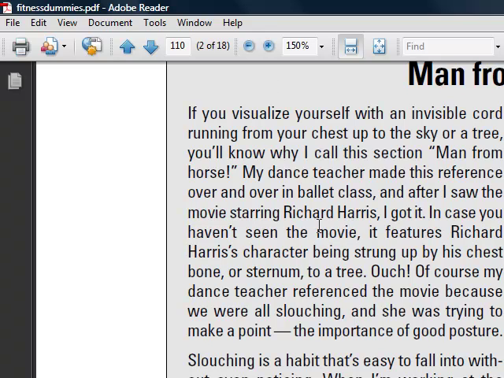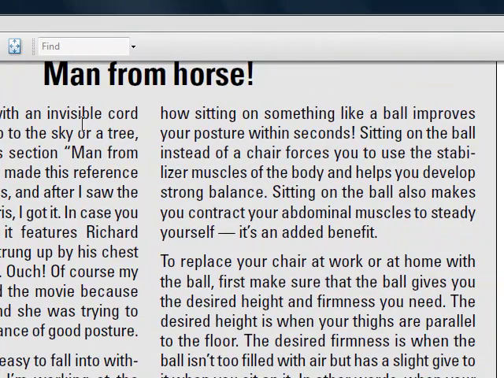What you've got here with the story about the movie from Richard Harris, you've got an example. That's one of those kinds of content that you've mentioned. Imagining yourself with an invisible cord going from your chest up to the sky or the tree, that's an example of a metaphor. It's giving a comparison that helps clarify what they're trying to teach. So those are two other types of content here.